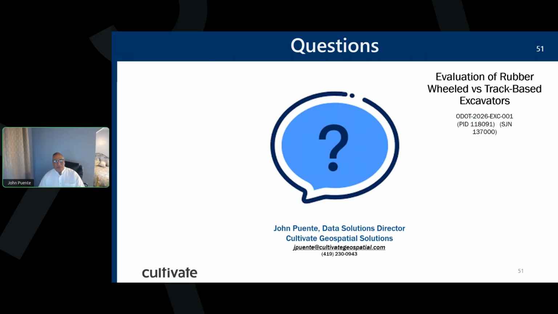It doesn't mean that every single district or county has to have a piece of equipment of these certain types, but they could certainly take advantage of the flexibility of using rubber wheeled excavators, and especially the flexibility with the attachment types and the different work that you can actually produce from those. So that wraps up what I was going to report on as part of this presentation.